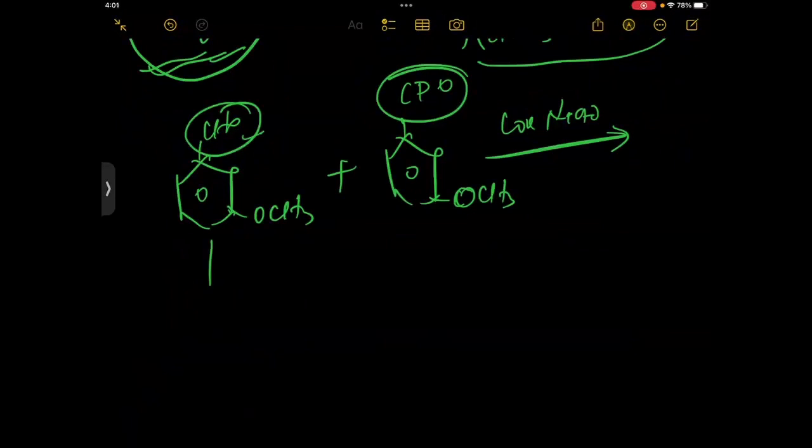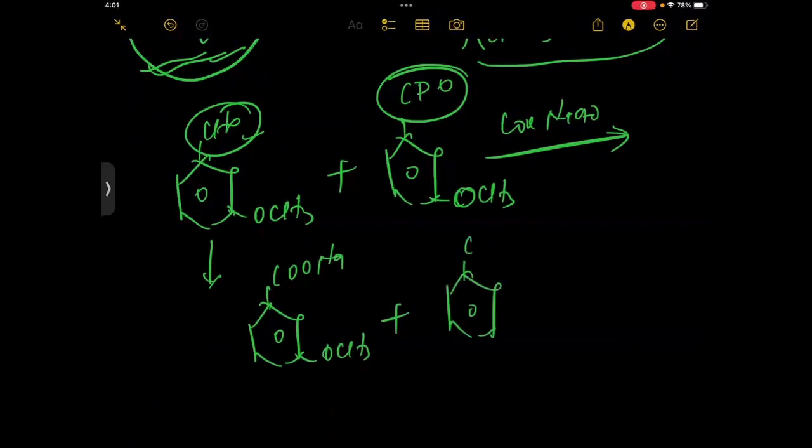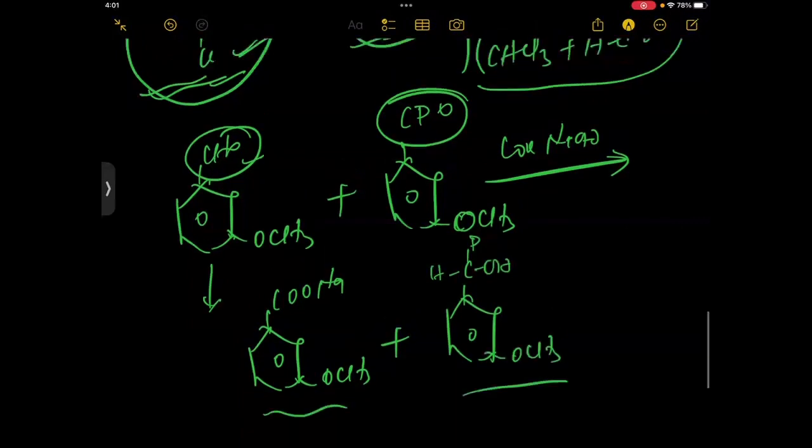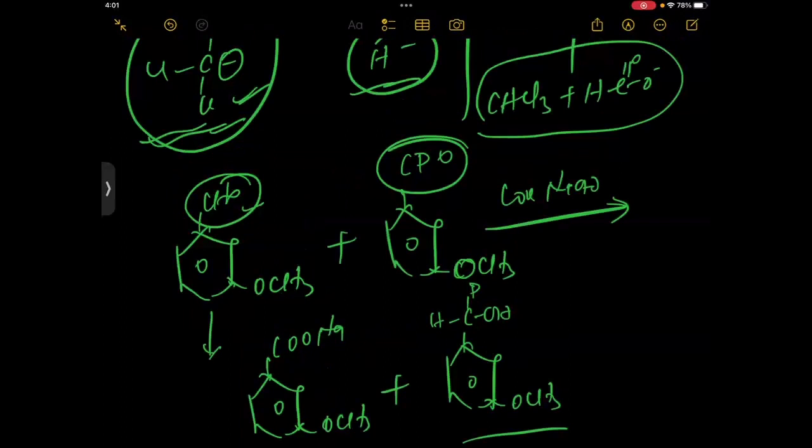So that part is more reactive and will be oxidized. So what will happen? There is the COONa, and here is the OCH3, and the second is CHDOH that will form. Correct? So I hope students understood all the cross Cannizzaro reaction parts.